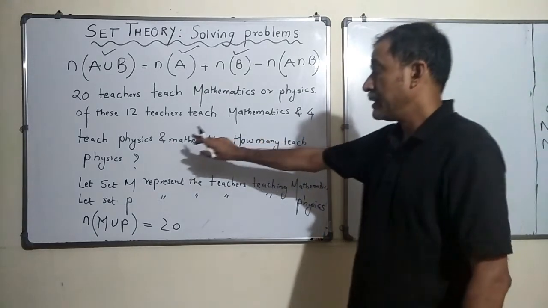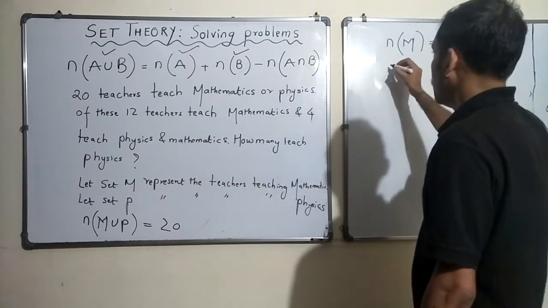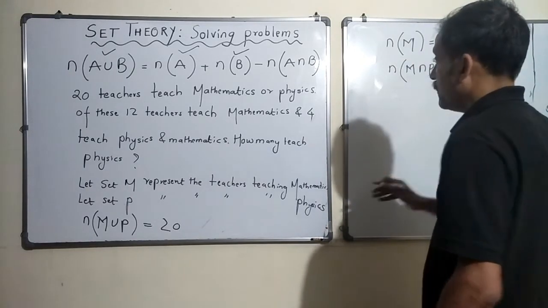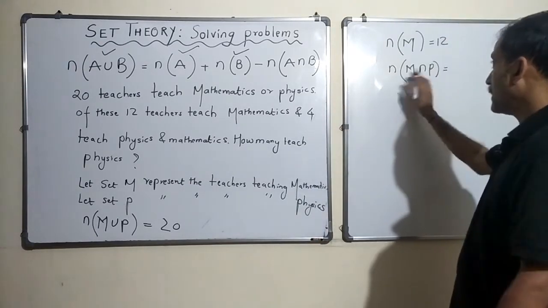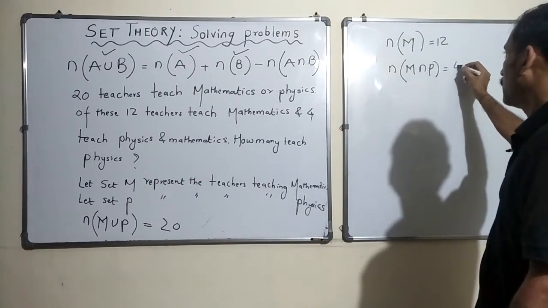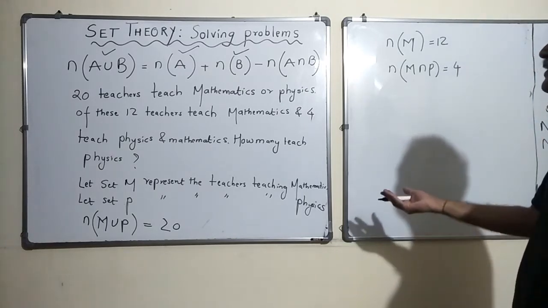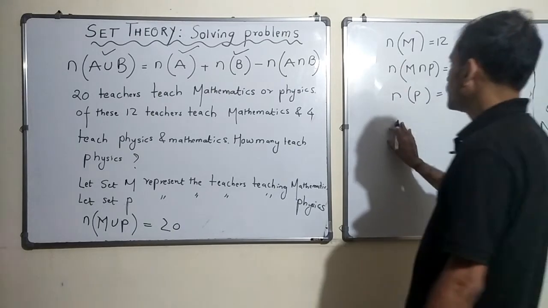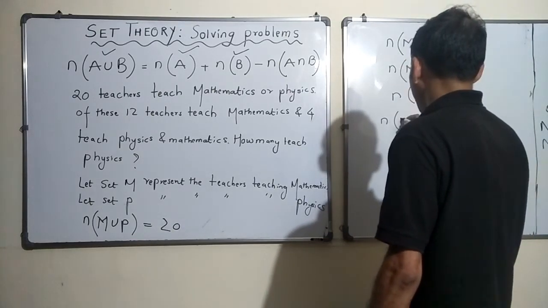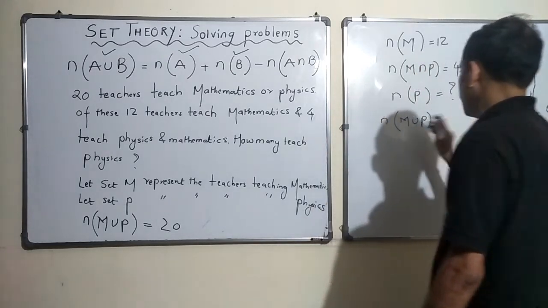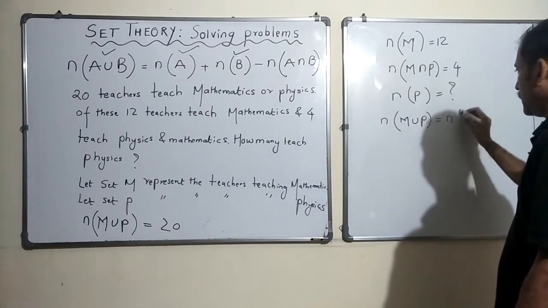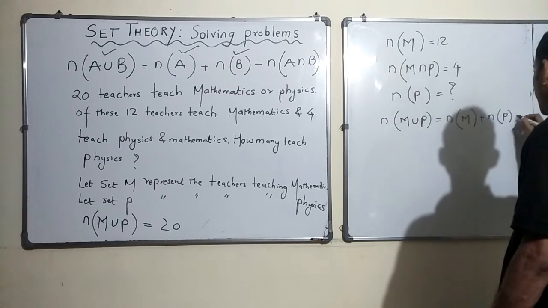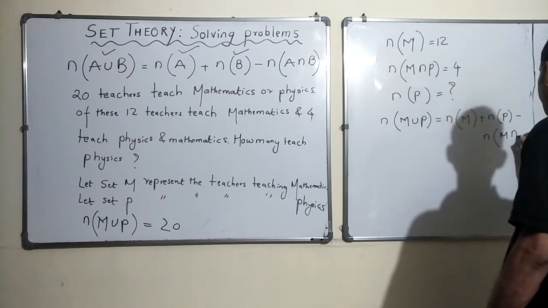And 4 teach physics and mathematics. So the number of teachers in both the sets is 4, correct? So how many teach physics? This is the question. Very simple formula: the number of elements of M union P is the number of elements in M plus the number of elements in P minus the number of elements in M intersection P, correct?